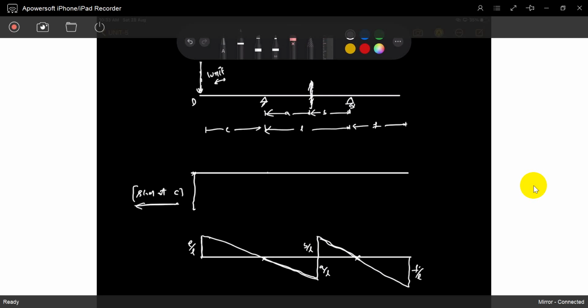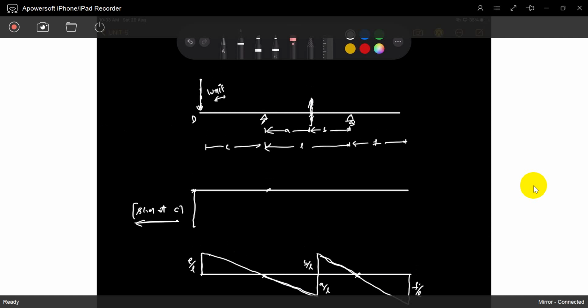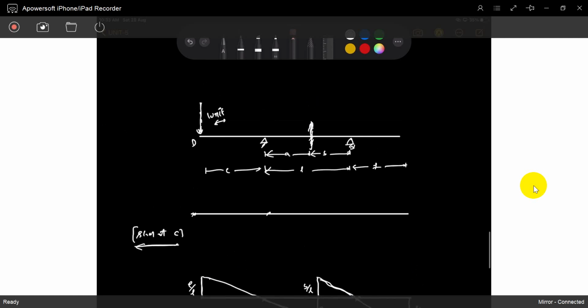This value is L plus E by L. You can write it on this loading diagram. You can find the shear directly. This is a 1 unit.